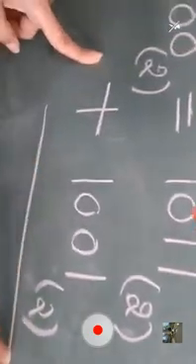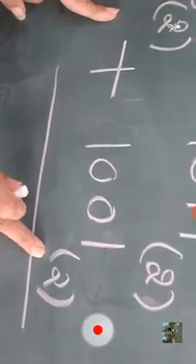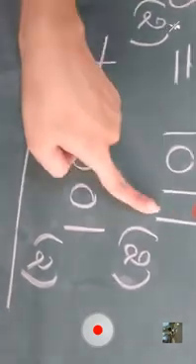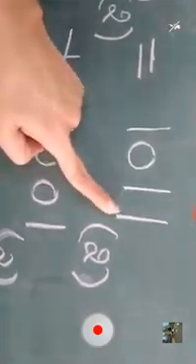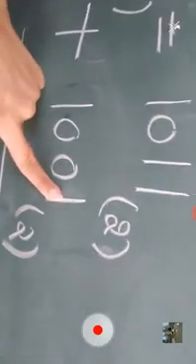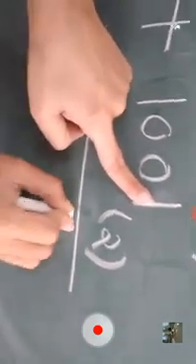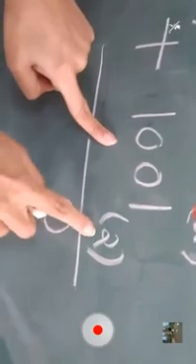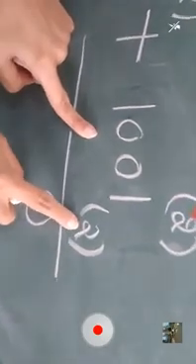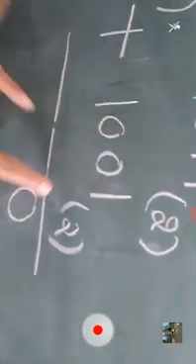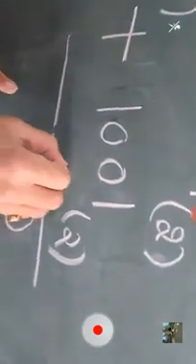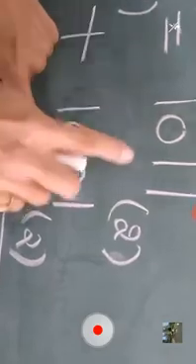When I add, you can see here, 1 plus 1 will give me the answer 0. It is not 2 because we are adding in the binary number system. So 1 plus 1 is equal to 0, carry will be 1. 1 plus 0 is 1.